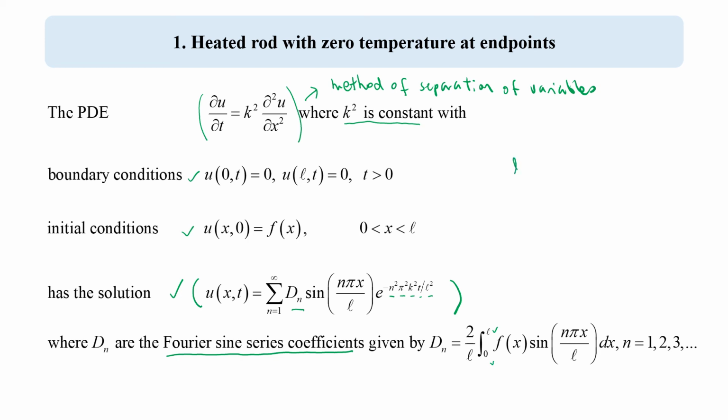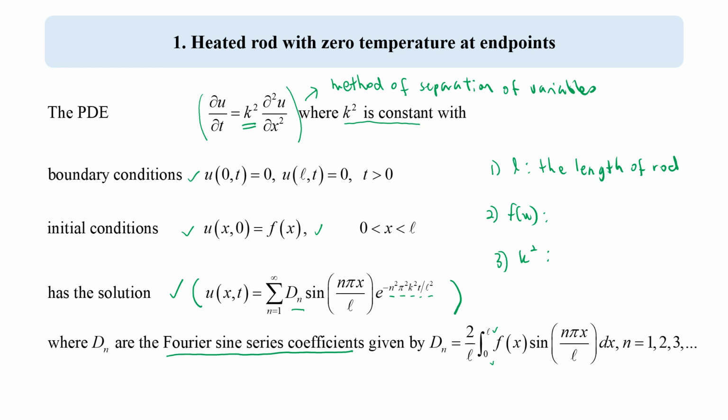L here represents the length of the rod. f(x) is the function of the initial condition. And the last important thing is k squared, the thermal diffusivity, which you can get from the PDE. So you need to identify these three values in order to solve the PDE.